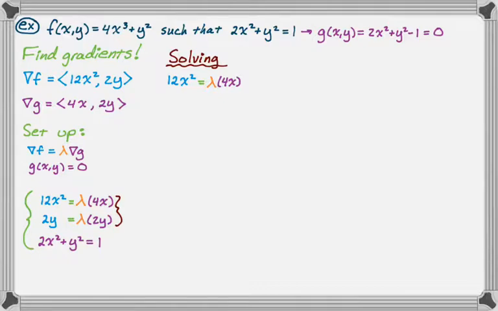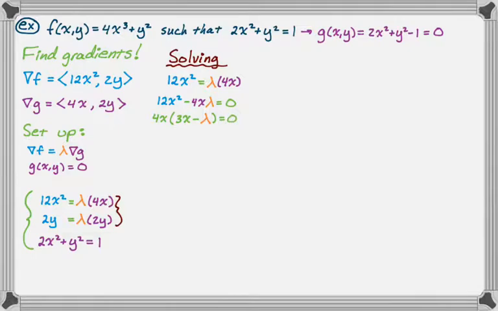The safer thing to do is move everything to one side and factor. So I'm going to do that because I want to do the safe thing here. So 12x squared minus 4x lambda equals 0. I can take 4x out of both things. So 4x leaves me with 3x minus lambda equals 0.